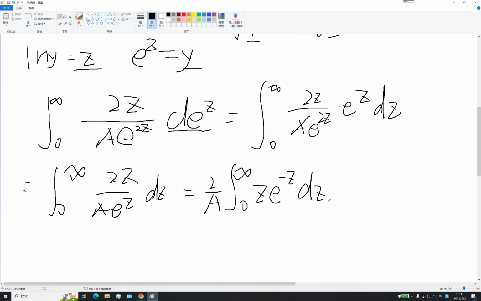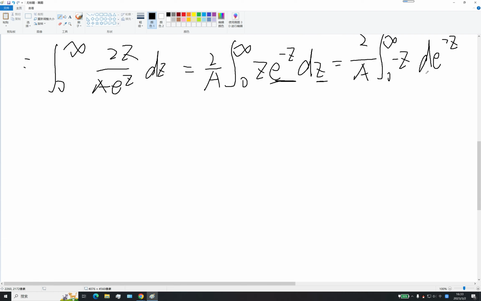We can take this e to the minus z into the differential. So this is 2 over a, and this is minus z d(e to the minus z).